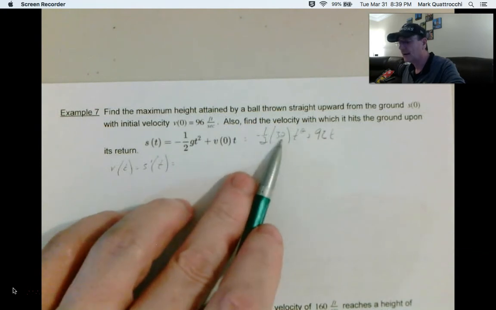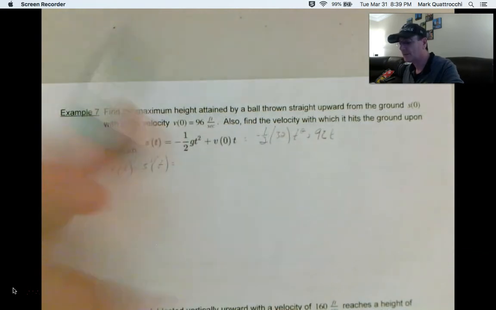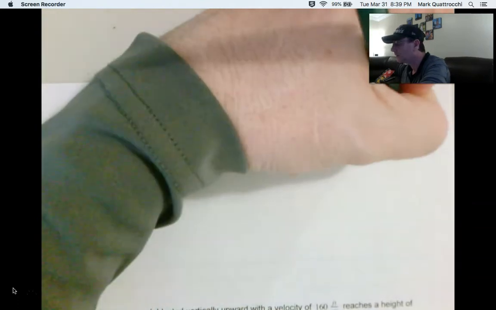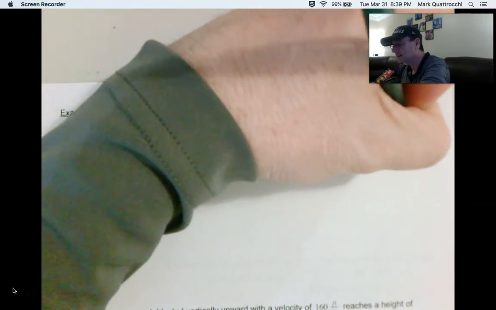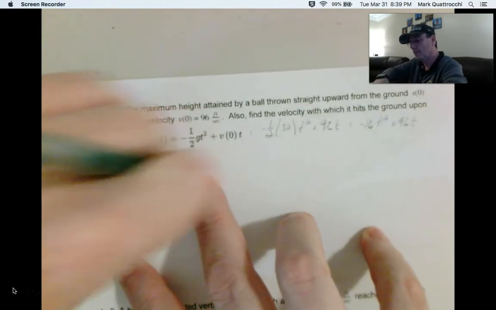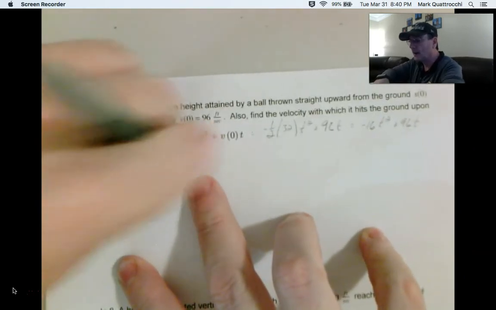Negative 1/2 times 32 is negative 16 t squared plus 96 t. And we want to know when that hits the ground.